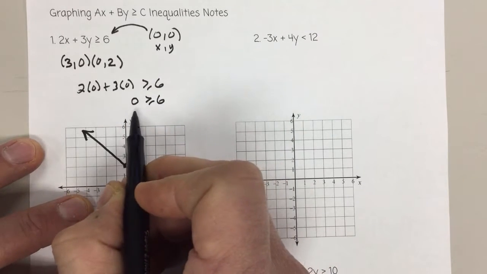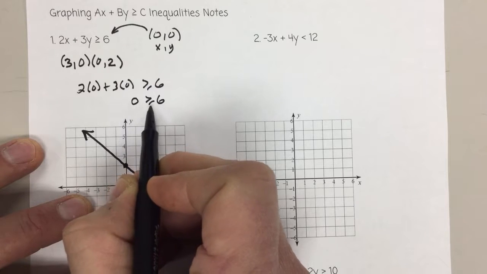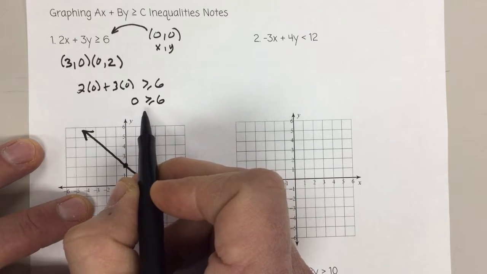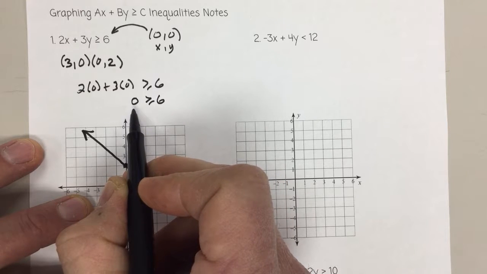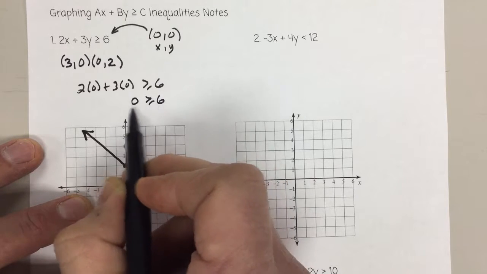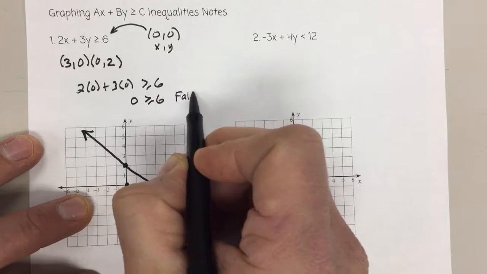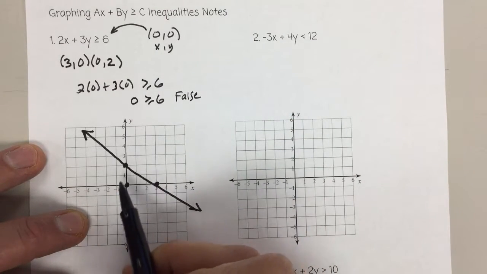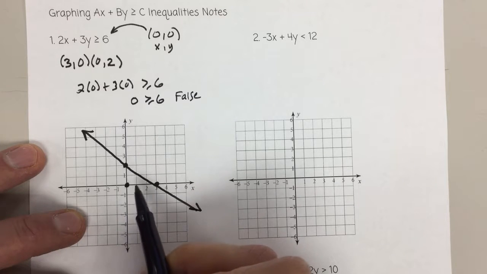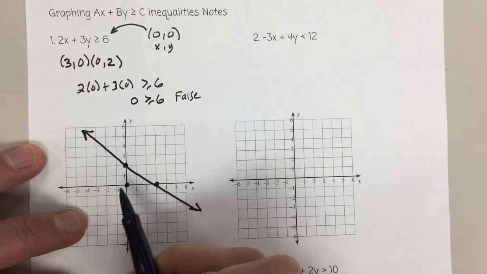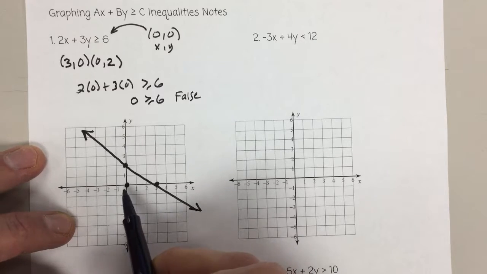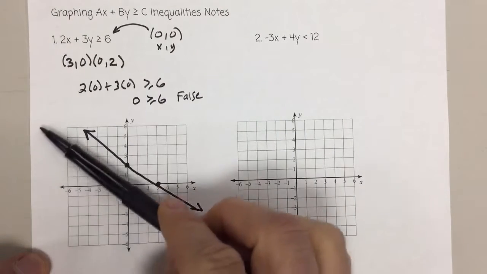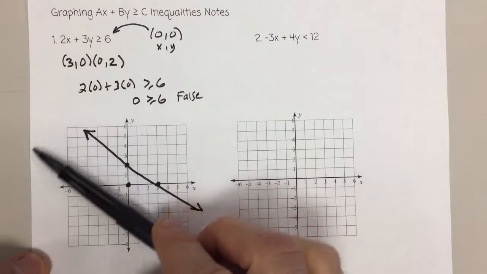Now you have to ask yourself, is 0 bigger than or equal to 6? Well, of course, the answer is no. 0 is less than or equal to 6. So this statement is false, which means this point is not a solution to our inequality. If one point is not a solution, that means all of the points on this side of the line are not going to be solutions.